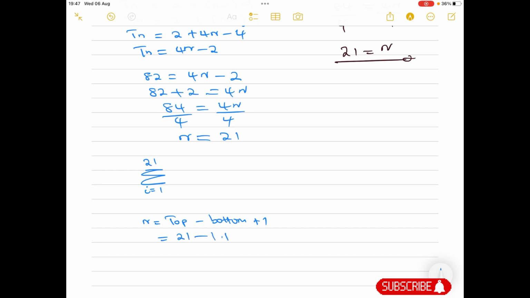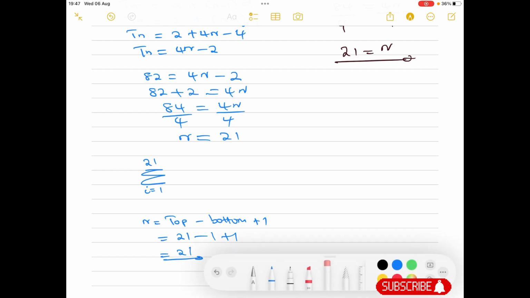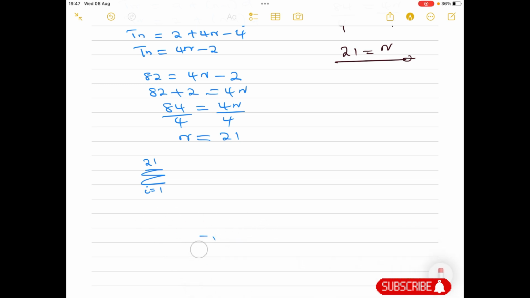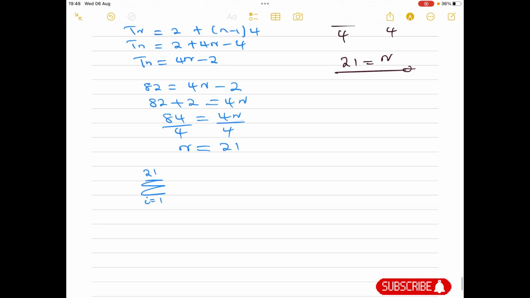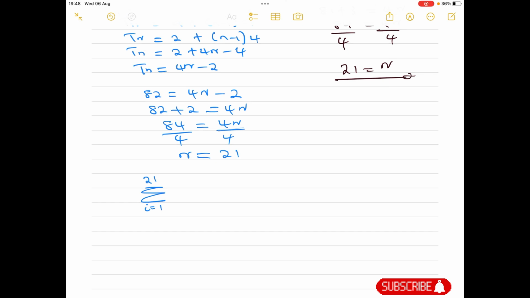So if top is 21 minus bottom is 1, then plus 1, you see the value of n comes back to be 21. So that is why I wrote it like this. Don't get confused when you see me writing it like this. So we are summing from 1 to 21 terms of 4n minus 2. You see, this is the expression of this one in terms of sigma notation.